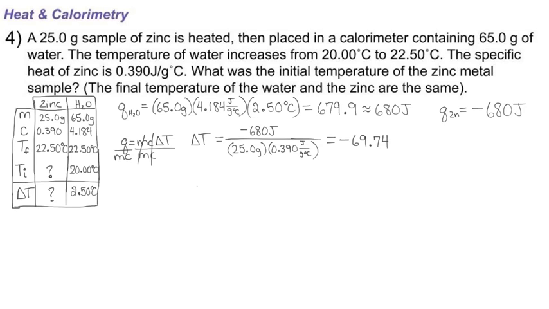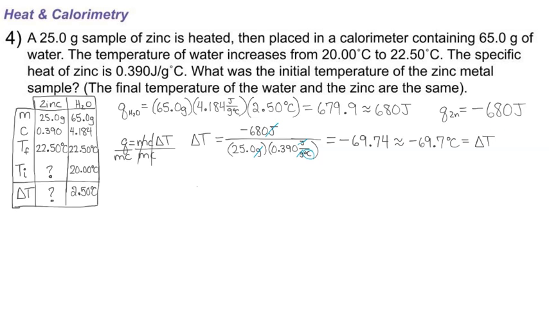So we'll go ahead and round to negative 69.7. And we do need to figure out our units. Our units should come out in degrees Celsius because this is a temperature. Our grams cancel, our joules cancel. So yes, indeed, our units on our answer are in degrees Celsius. But this is not actually the initial temperature. This is our delta T value. So this is not our final answer yet.